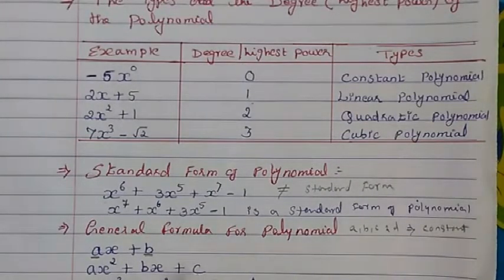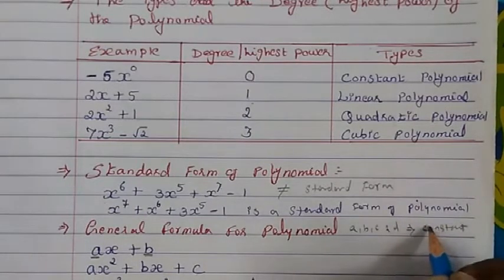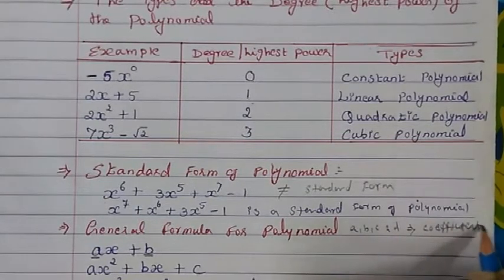Once again, just a small correction: constant means a number without a variable. Numbers with variables are known as coefficients. So here it is a coefficient. Coefficients are also there.